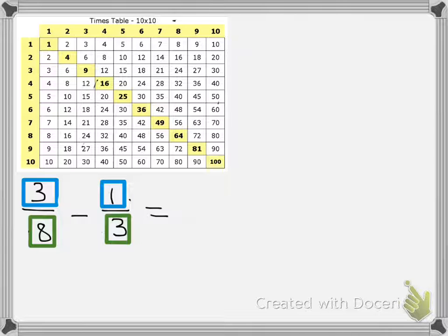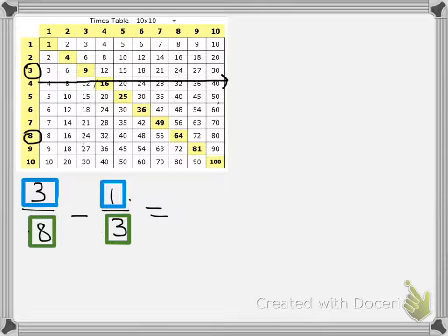So first I'm going to look to my denominators. I have an 8 and I have a 3. And I'm going to ask myself, what can I do to find a common multiple between 8 and 3? So first I'm going to look at 3, and I'm going to just take a quick look across all the way. Then I'm going to go down to 8.